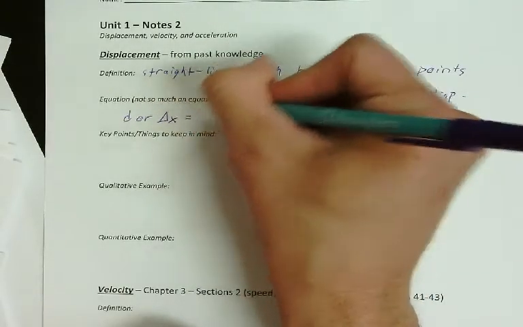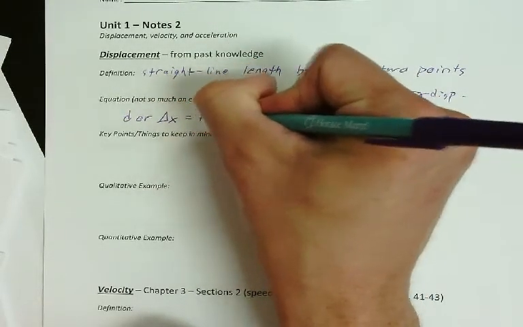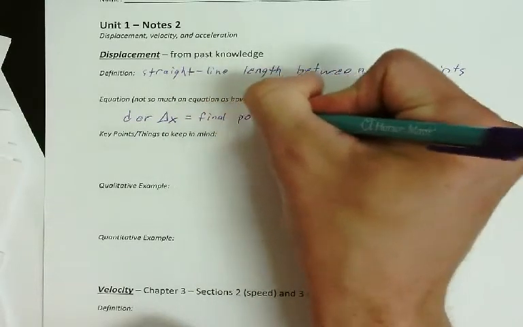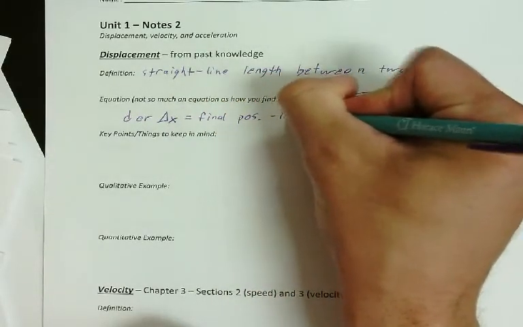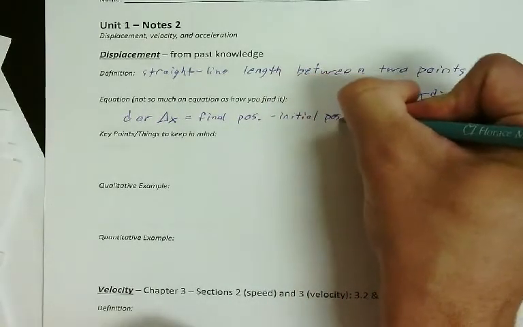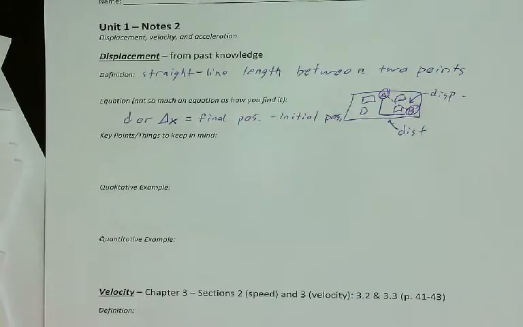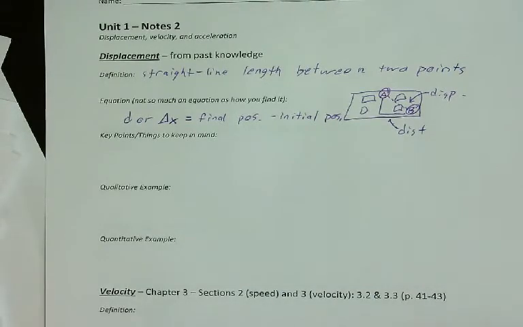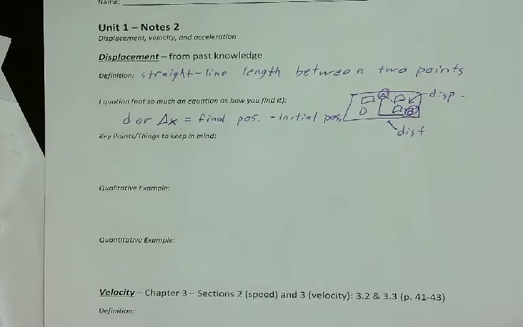So you just take where you ended up minus where you started. You have to be careful about directions. If you're talking about two-dimensional stuff, usually we'll deal with one-dimensional stuff. But you do have to be careful about directions a little bit. But I do want to make sure that you see how you would go about finding it. You take where you ended minus where you started.